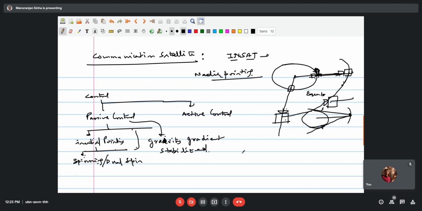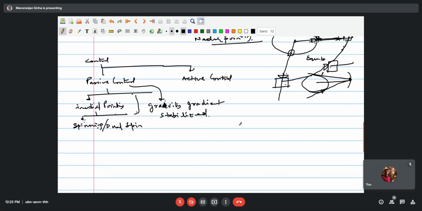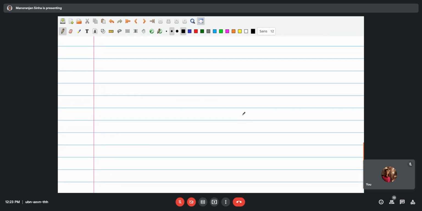In the gravity gradient stabilized, why is this being called a passive one? Because there is no active controller or actuator involved in this. The gravity gradient satellite looks something like this. Here this is your satellite, and it may have a solar panel attached.